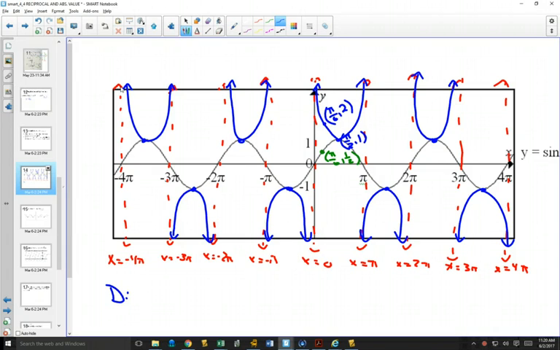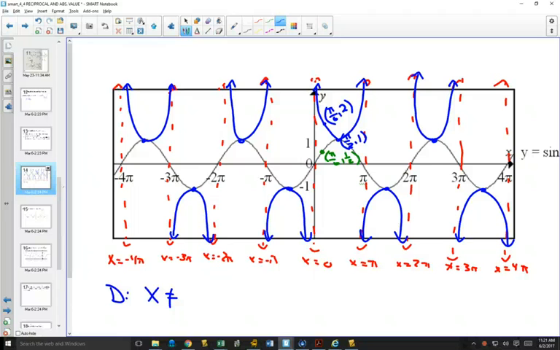If we wanted to say the domain of our cosecant graph, well, it's going to be everything except for the asymptotes. How could I write an expression to list all of those asymptotes all at once? X can't equal... So I want to write all of those.